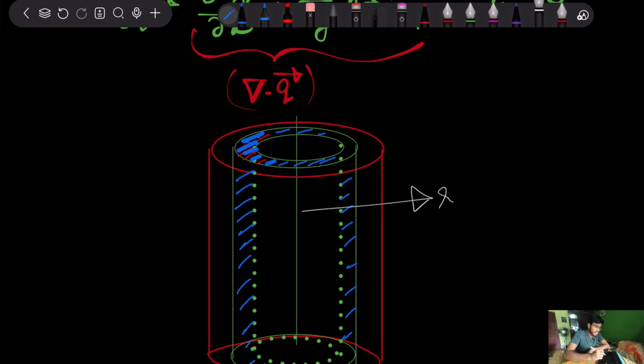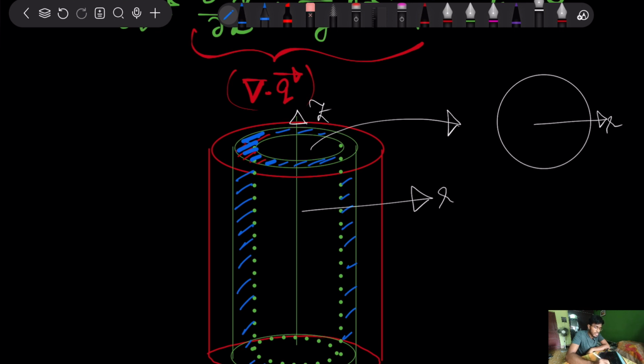So this is the r direction, and the axis is the z direction. If I draw the top view here, then for this circle, this is r and this is theta. So r, theta, z, this is the cylindrical coordinate.